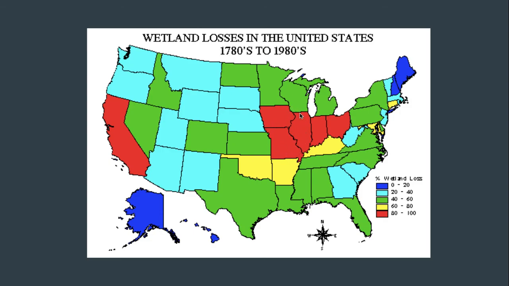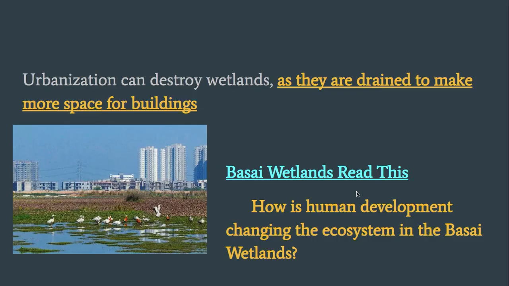Those wetlands have been converted to agricultural land, farms. Over the past 40 years, you can imagine this has only gotten worse over time, because more and more people are living here. This is a continuation. Urbanization is what destroys wetlands. They are drained to make more spaces.